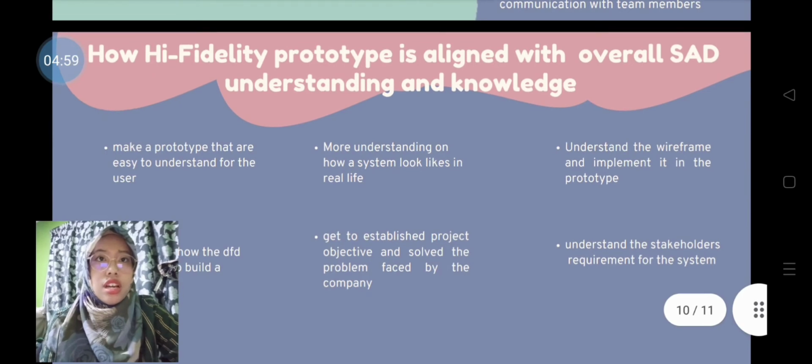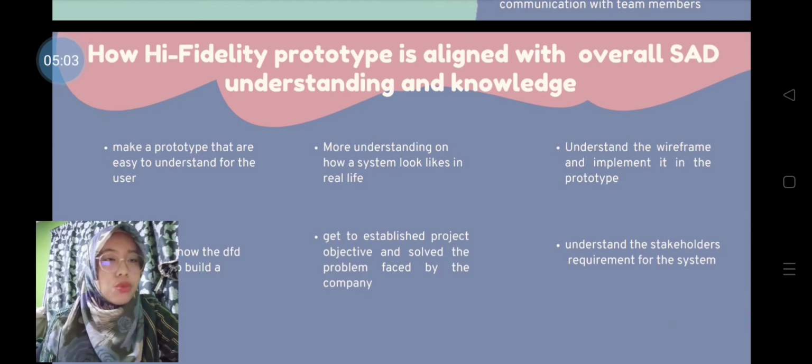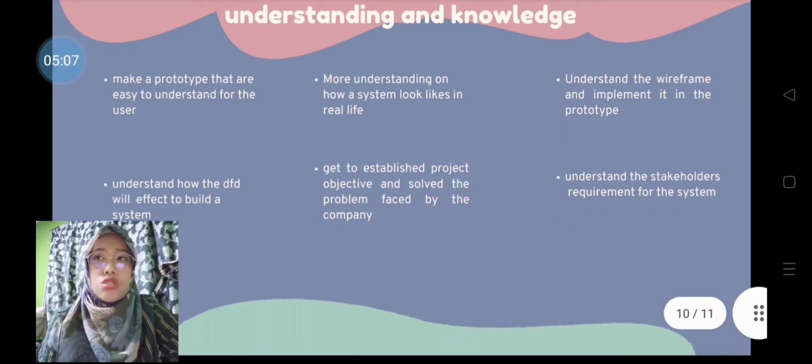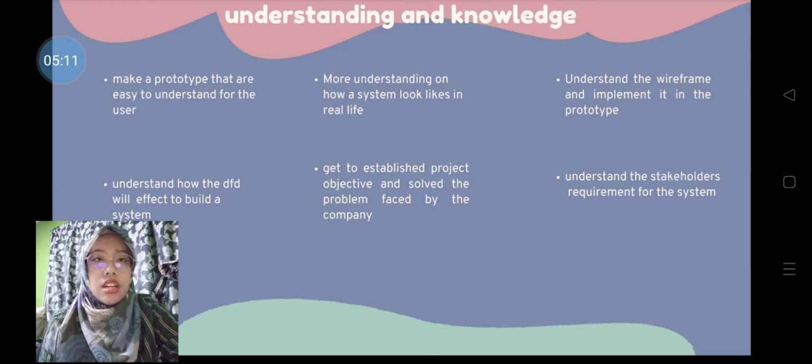The last one is how the high fidelity prototype is aligned with the overall SAD understanding and knowledge. The first and most important one is that I need to make the prototype easy to understand. What I mean is that it's easy to understand for all different ages.